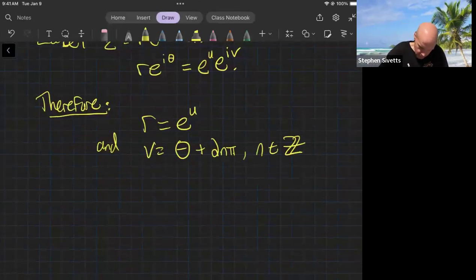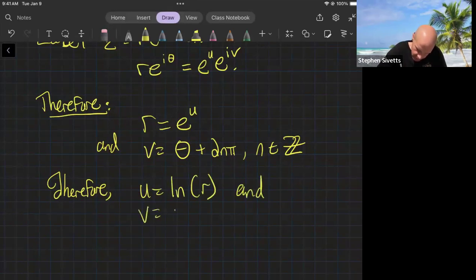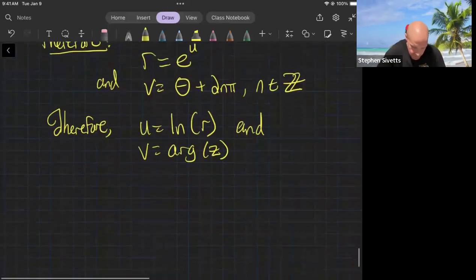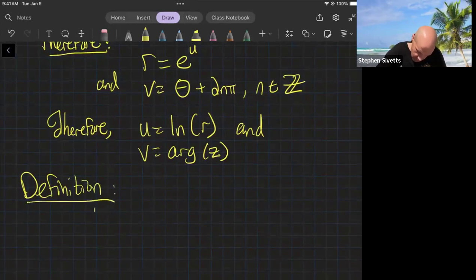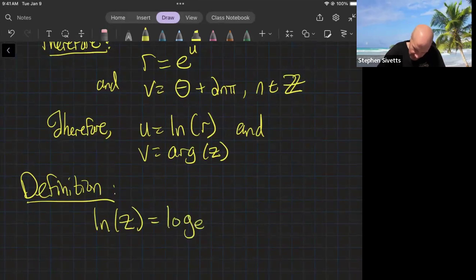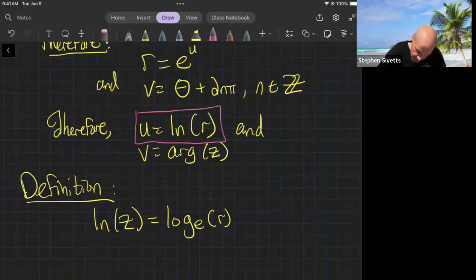Therefore, we can say that u is equal to the natural log of r, and v is equal to the argument of z, right? So now we can look at the definition of the complex logarithm. ln of z is equal to log base e of r, so I'm referring to this quantity here, which is a real number.